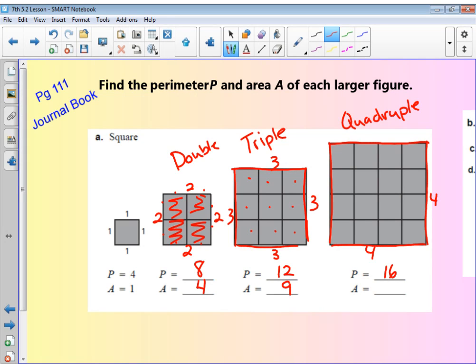Our area, we can either do 4 times 4, or we can count 1, 2, 3, 4, 5, 6, 7, 8, 9, 10, 11, 12, 13, 14, 15, 16. Our area is 16 blocks. So that's going through and changing the size by doubling, tripling, and quadrupling the original, but still making them similar figures. We're going to practice that with some other figures.